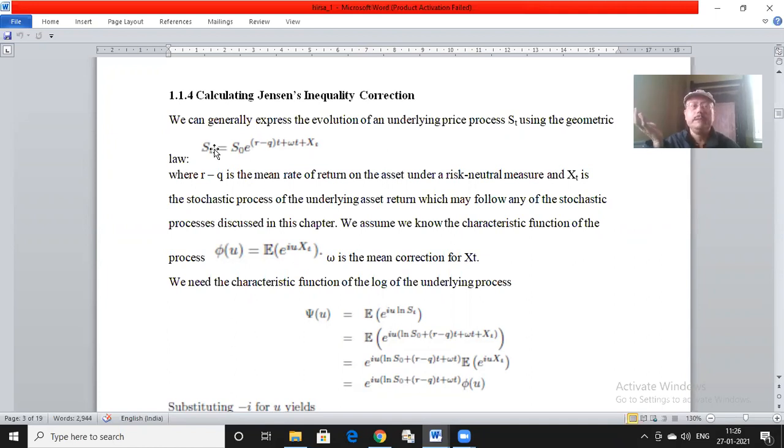Under a risk neutral measure, we know that expectation of st has to be S0 e to the power (r minus q) t. Only the first part. So that is our risk neutral expectation, right? In a risk neutral world, the expected return can only be equal to the bank rate.